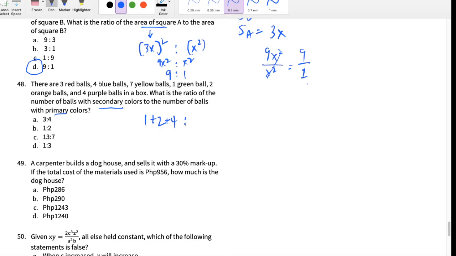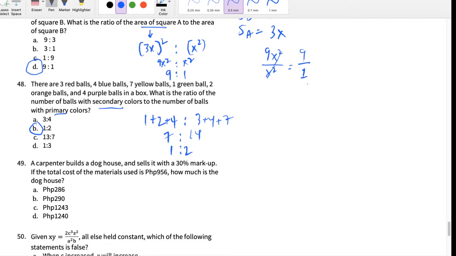Primary colors, 3 plus 4 plus 7, that's 14. Okay, both are divisible by 7, so that's 1 is to 2. Or letter B.